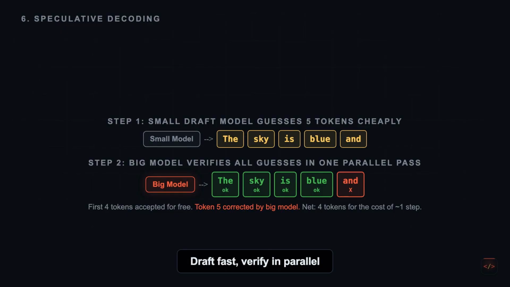Every guess the big model agrees with is accepted for free, and the first wrong one is corrected. When the draft is right often, which it usually is for easy stretches of text, you get several tokens for the cost of roughly one big model step. Same output, just produced faster. It is verify in parallel instead of generating one by one.